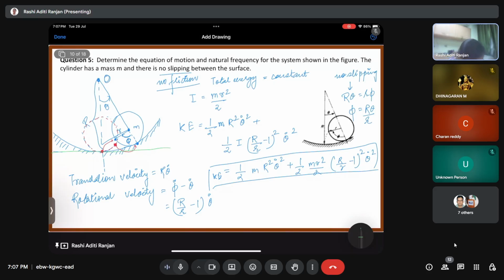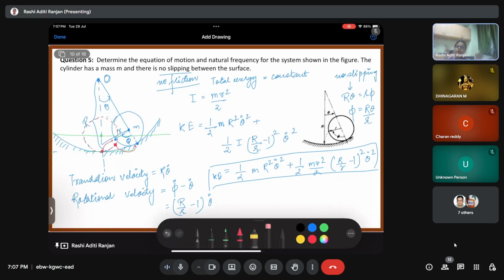We'll consider the center only, which is the most convenient, because in this case the potential energy at the initial point is 0. Now, the center goes up by what amount?